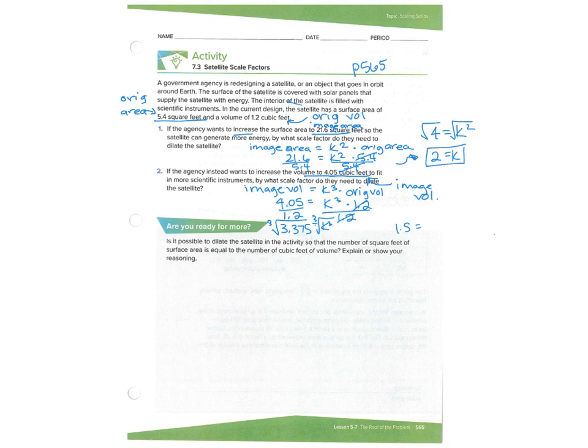And when I do the cube root of k cubed, it cancels the k cubed, and I just get my k. So when my scale factor is 1.5, when my dimensions get 1.5 times bigger, my volume will increase 1.5 cubed times to the 4.05 cubic feet given in problem number 2.